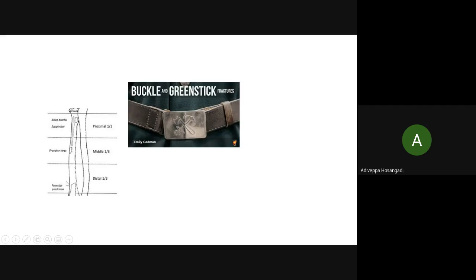Okay. So proximal fractures you keep in supination, distal fractures you keep in pronation. Middle third is easy: it has to be in mid prone position. You can find a mnemonic, whatever, but the best would be to remember the attachment of the muscles. Proximally the supinator muscle is attached, everybody knows that. Biceps is the strongest supinator.